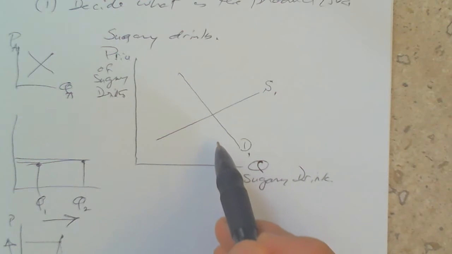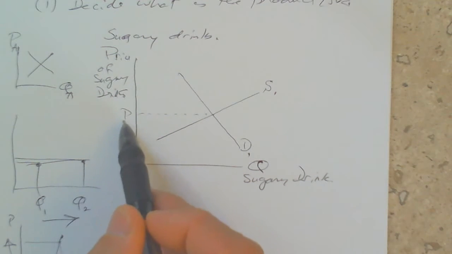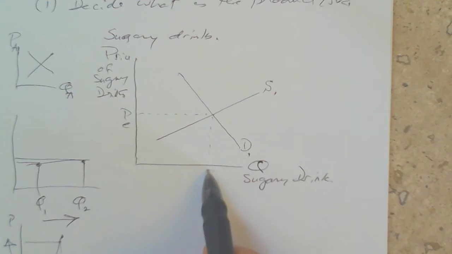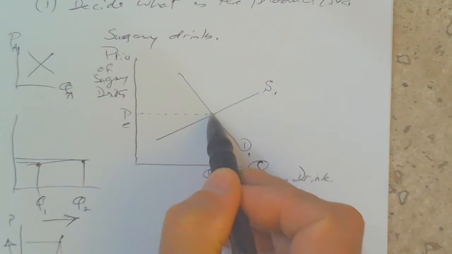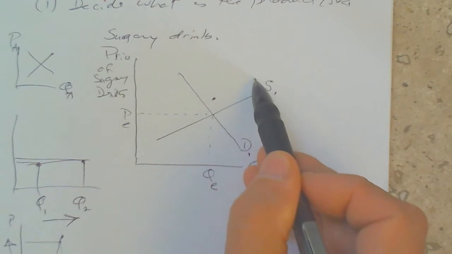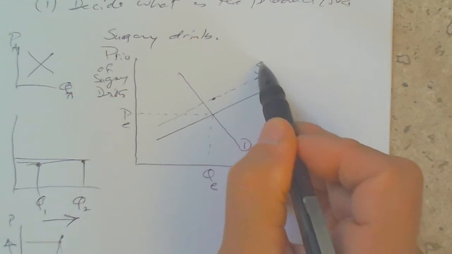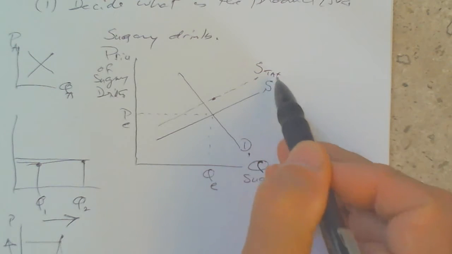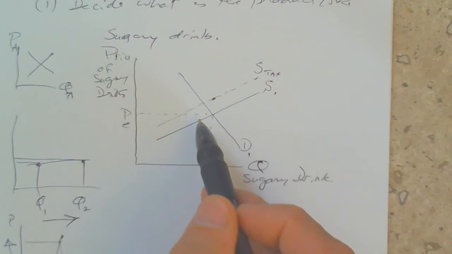Now we impose a tax, an excise tax. This is the equilibrium market price, and this is the quantity consumed. Then some tax, a few pennies per ounce or bottle, is added. So the supply shifts to the left, and this would be supply with the tax. Now, where is the new equilibrium?